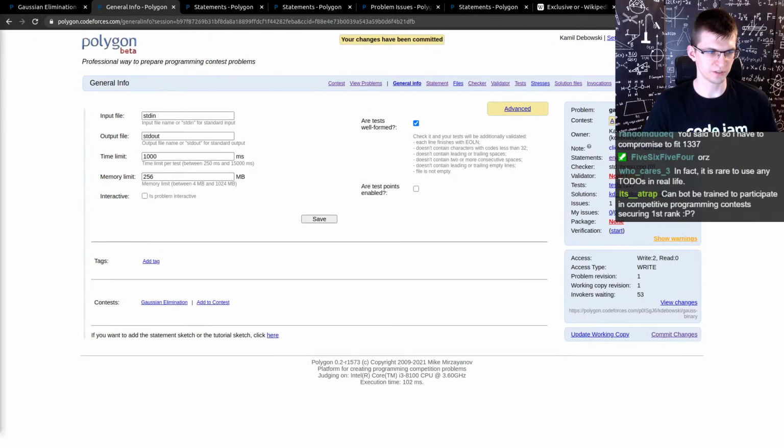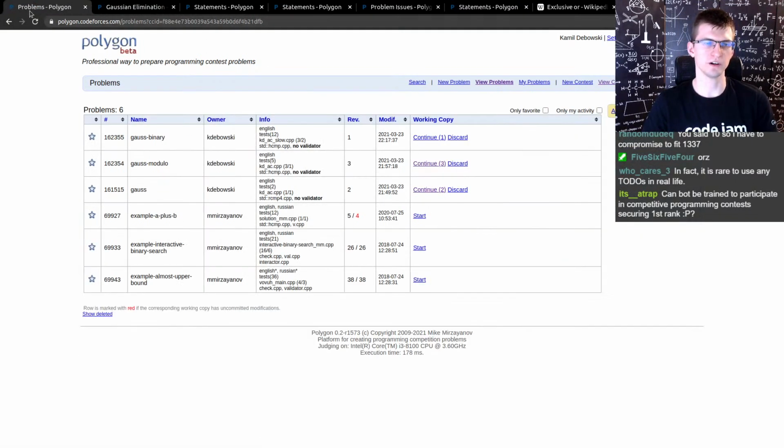Can a bot be trained to participate in competitive programming, securing first rank? Not right now and not in the next 10 years. We are very far away from that. In particular, because the number of existing problems is too small. Most ML or AI bots need to train on millions of items.